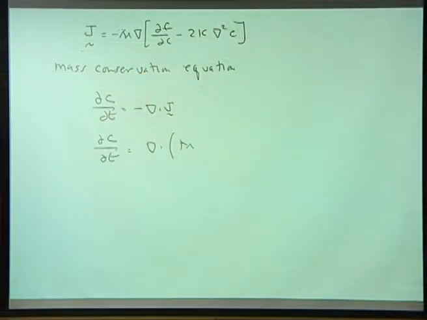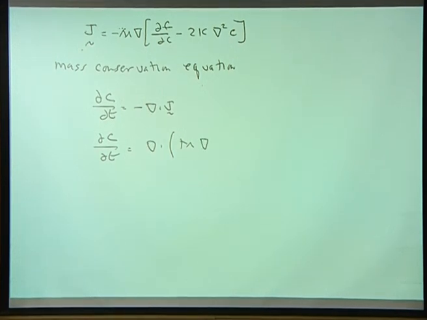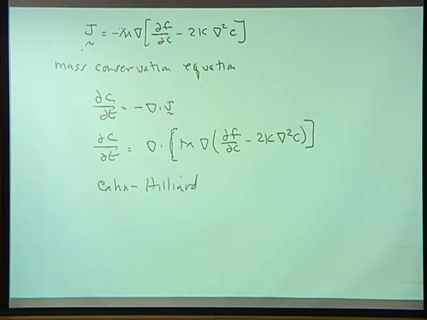If you use the mass conservation, the partial C over partial t, you end up with this thing, and this is called the Cahn-Hilliard equation.